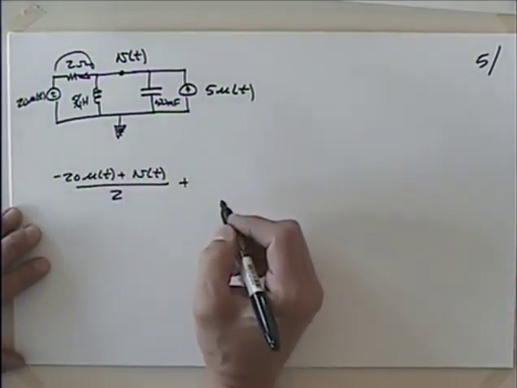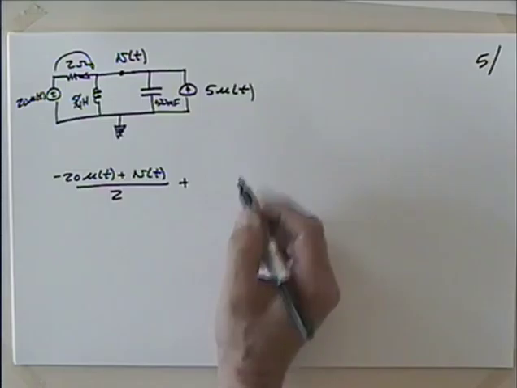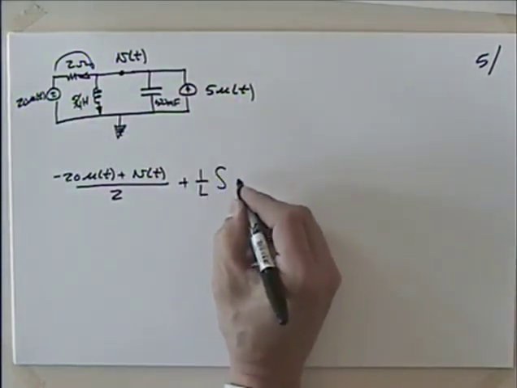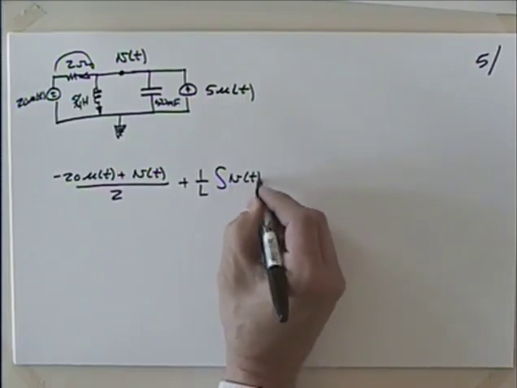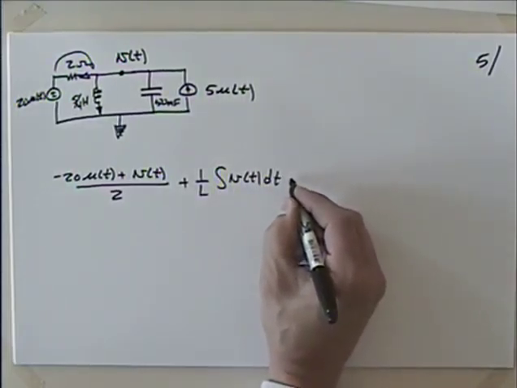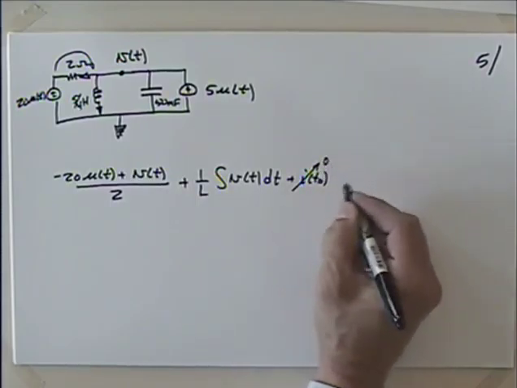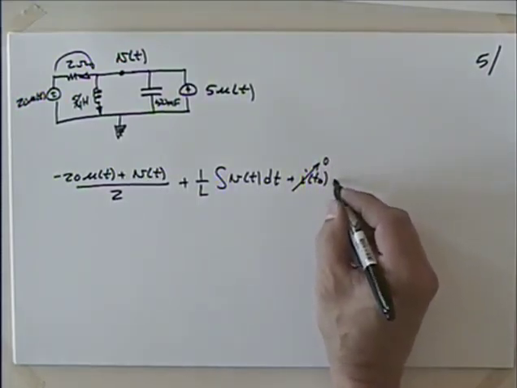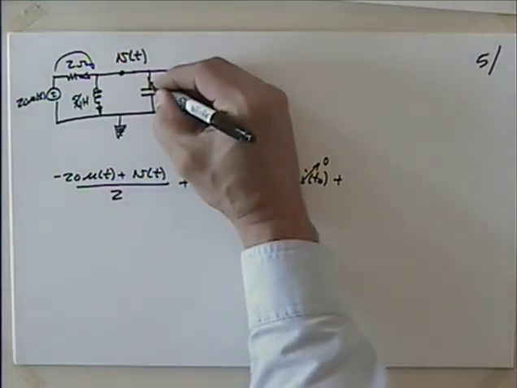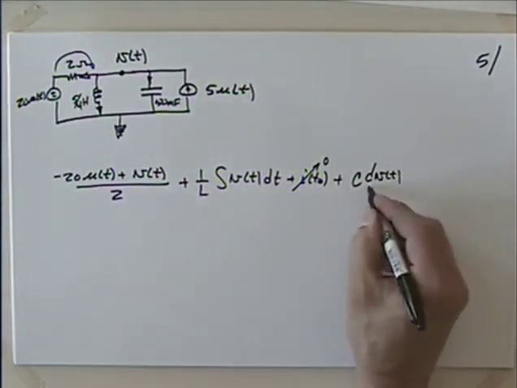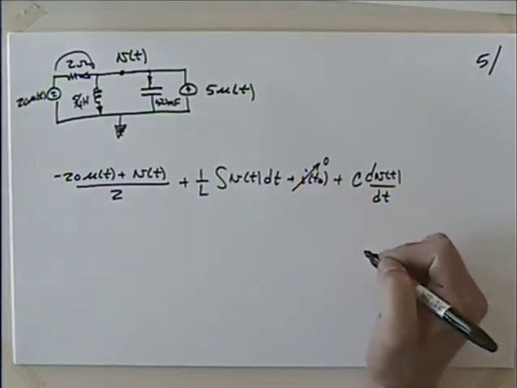Then you're going to have, what do we have for the current through our inductor? 1 over L times the integral of v of t dt plus I at t naught, which is of course 0 because we've got no initial energy storage. Plus then we've got to do the current through the capacitor, which is C dv of t dt.